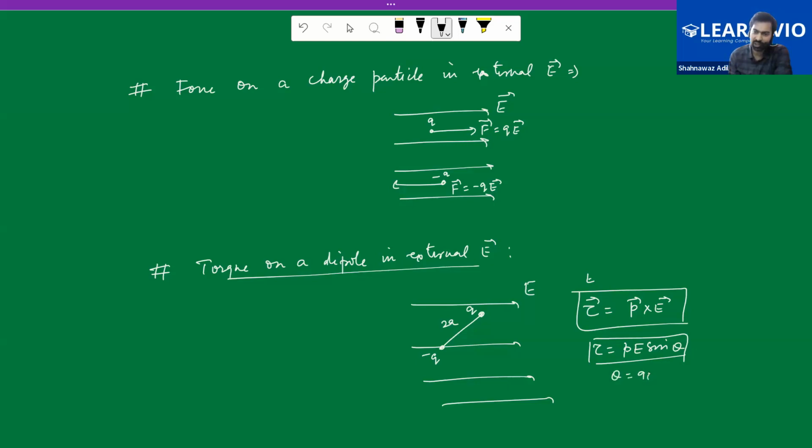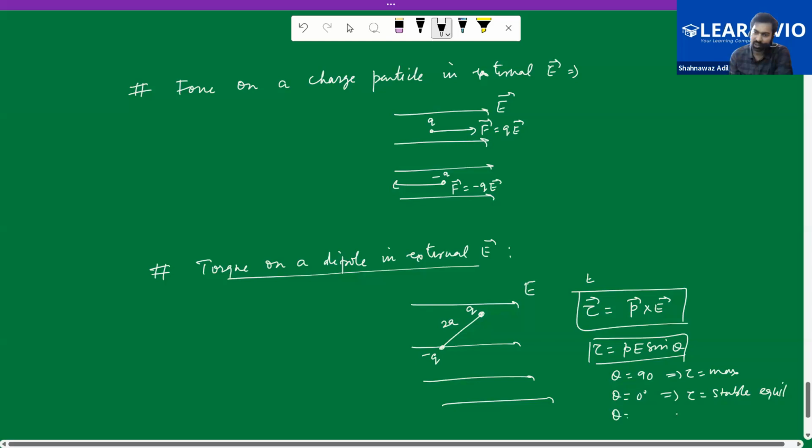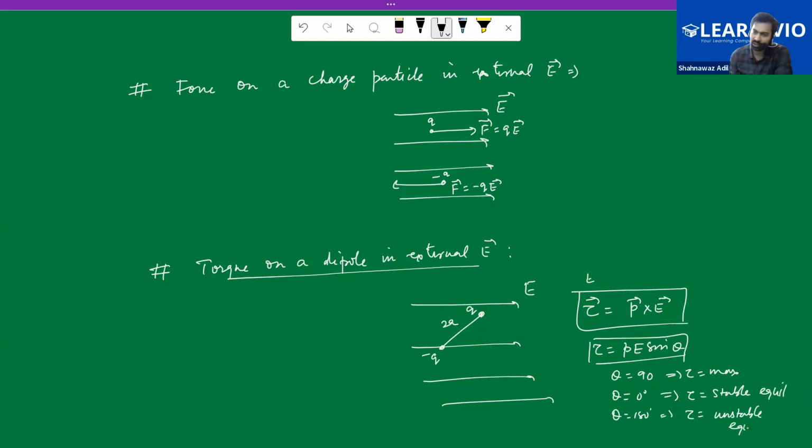So theta is 90, torque is maximum; theta is 0 degrees, stable equilibrium, torque minimum; and theta is 180, then you have unstable equilibrium. So these are the different cases.